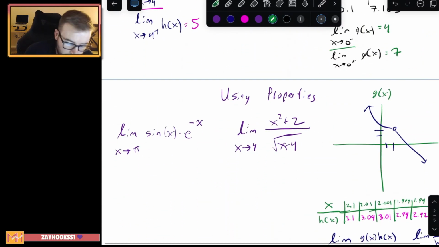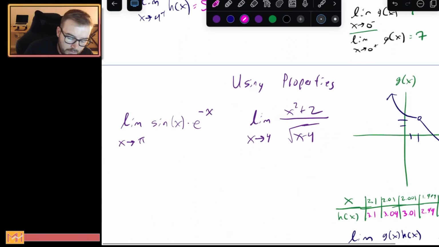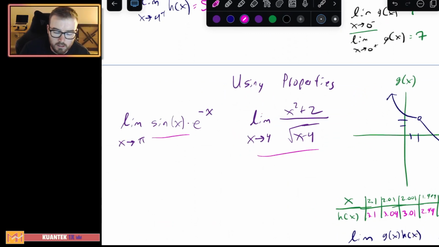Let's continue. Using properties. So when you have functions that look a little different or weirder, what do you do? At the end of the day, direct substitution is your best bet. But I also want you to realize that you can sort of break it up into individual pieces, right?